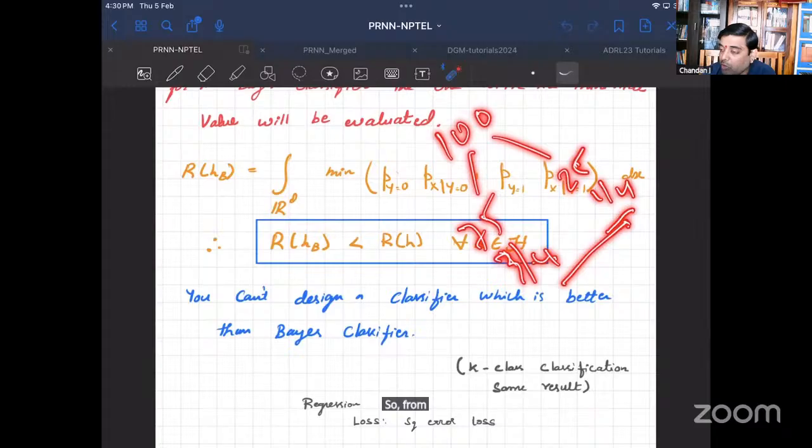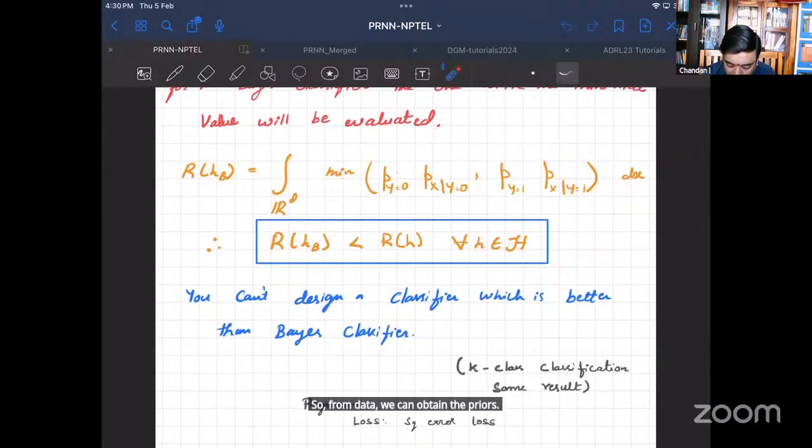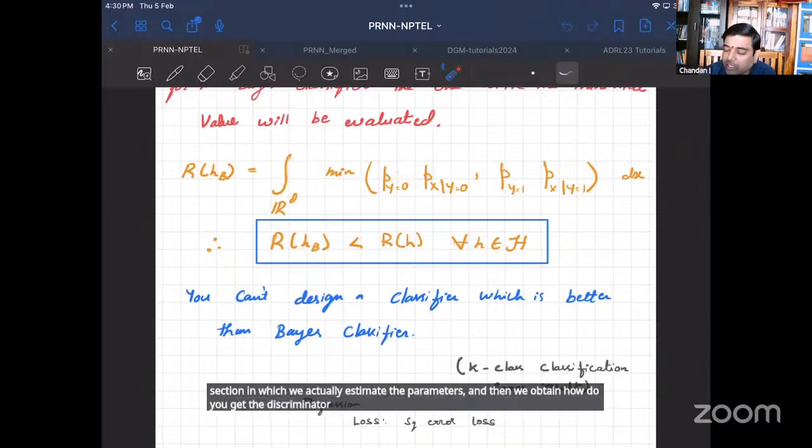So from data, we can obtain the priors. Then we assume a specific density for the class conditional. I think we have done this, maybe in the 4th week tutorial. There is a full-fledged section in which we estimate the parameters and then obtain the discriminant function.